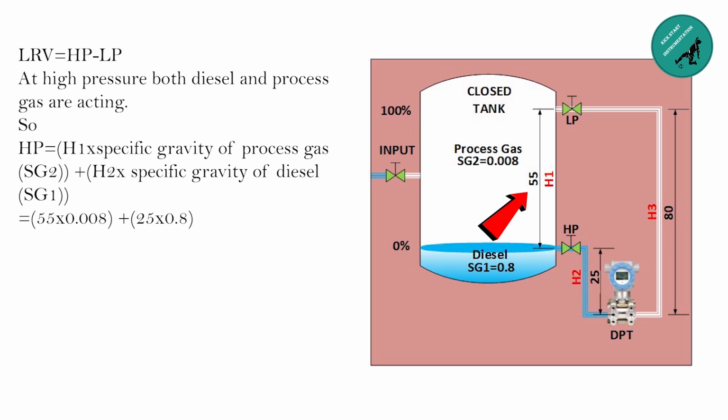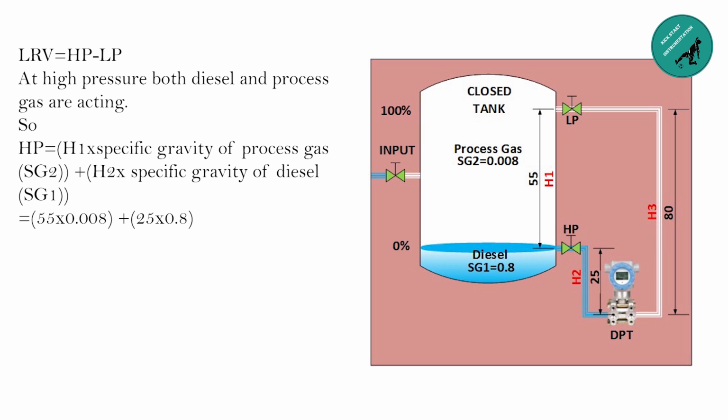H1 is 55 into specific gravity of process gas SG2 is 0.008 plus H2 is 25 into specific gravity of diesel SG1 is 0.8.